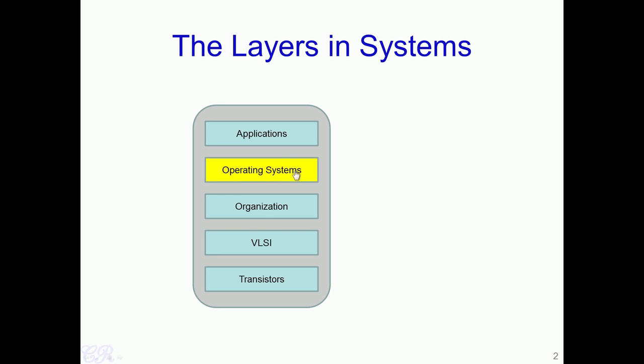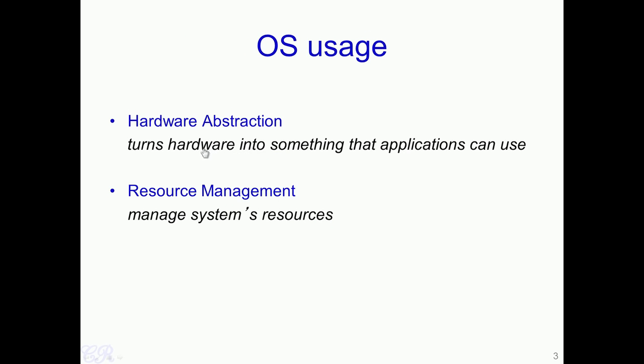So, let us see in more detail how the operating system is used in the entire scheme. To look at it broadly, the operating system is used for two things. It first provides hardware abstraction and second manages resources in the system.